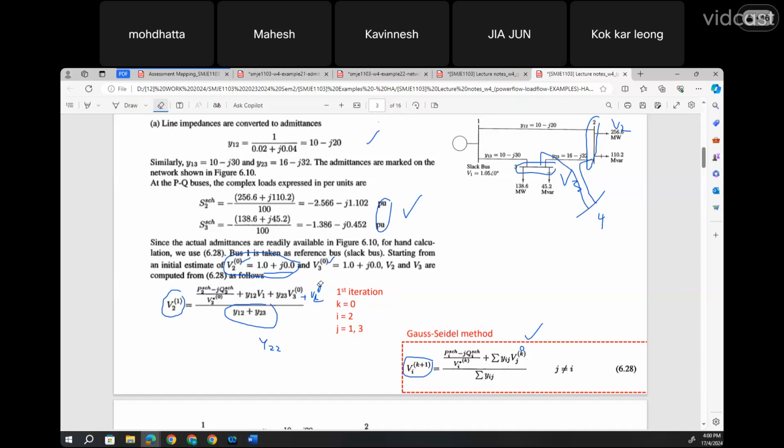Now K equals 0, and since we are calculating the second bus, I should be 2 and J should be 1 and also 3 in this case. In this case, J comes from the slack voltage and also from the initial estimation of V3. All right, I think you understand.